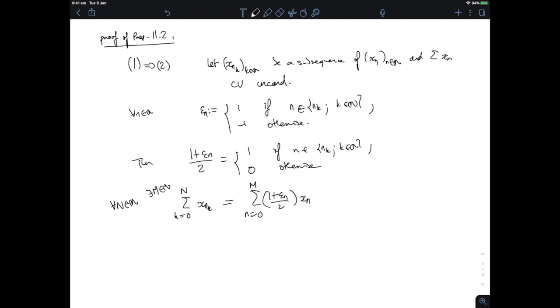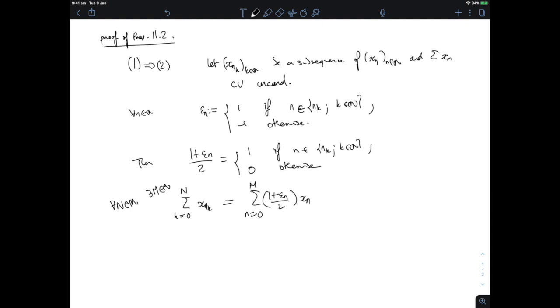You just have to pick the M such that x_M is equal to x_{n_N}, so that you get all of the terms in this series, where the (1 plus epsilon_n) over 2 just gives a 0 whenever you're not in the subsequence.